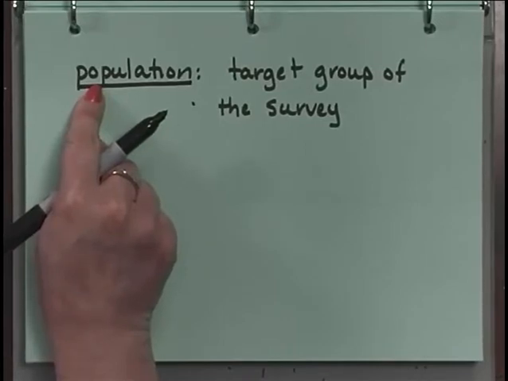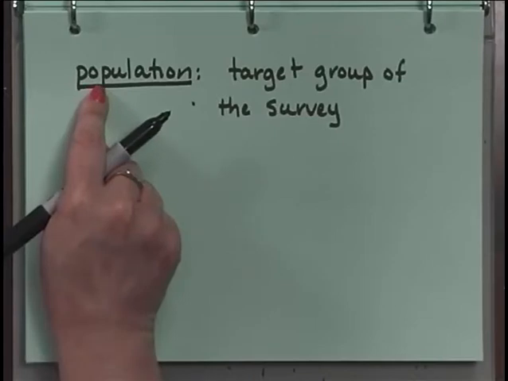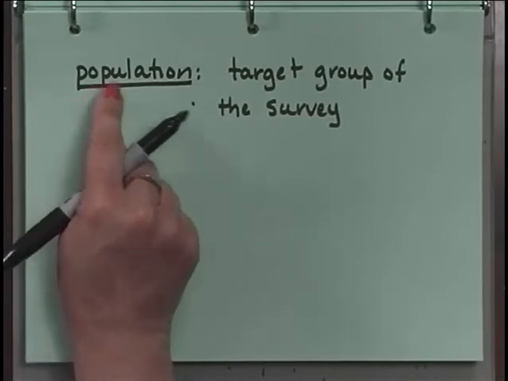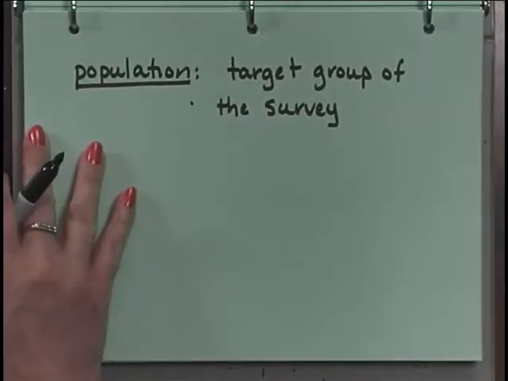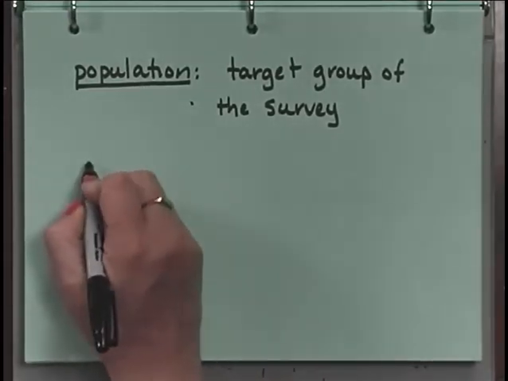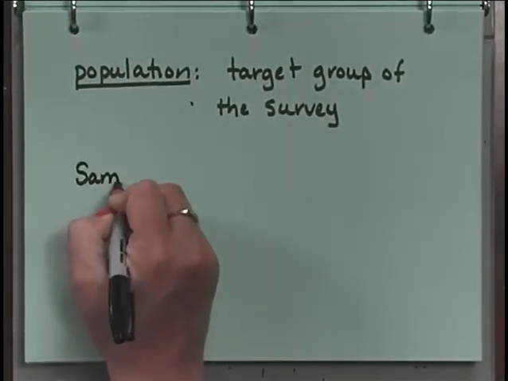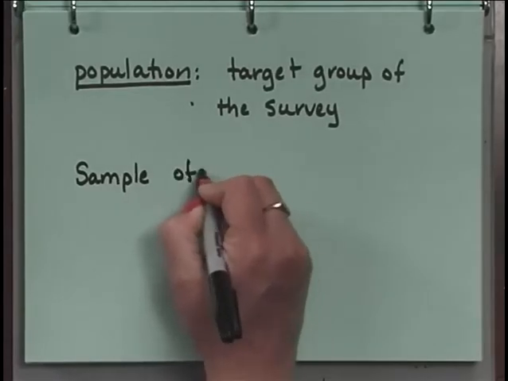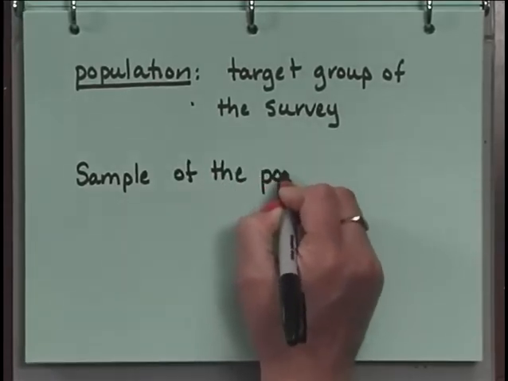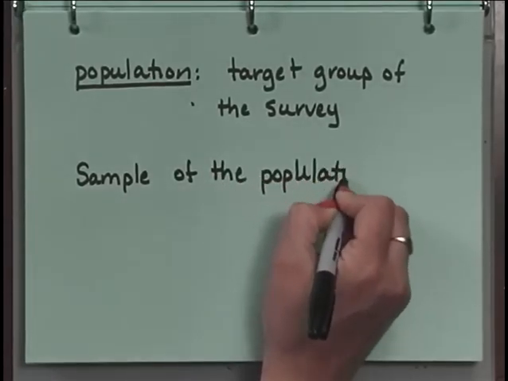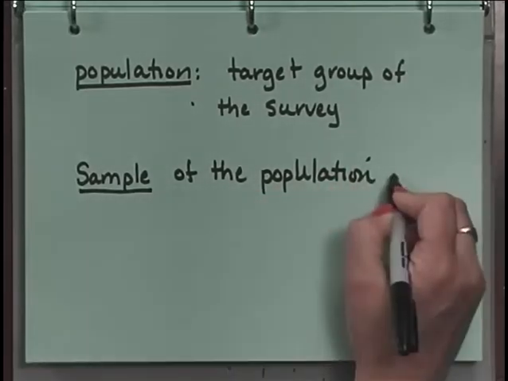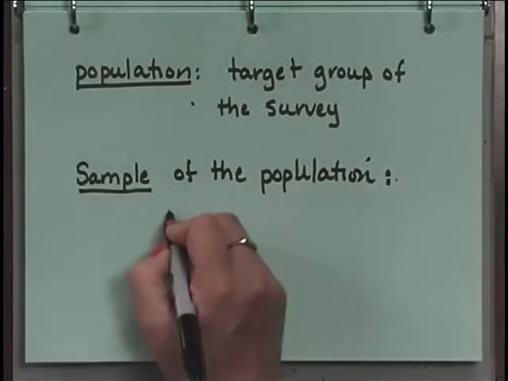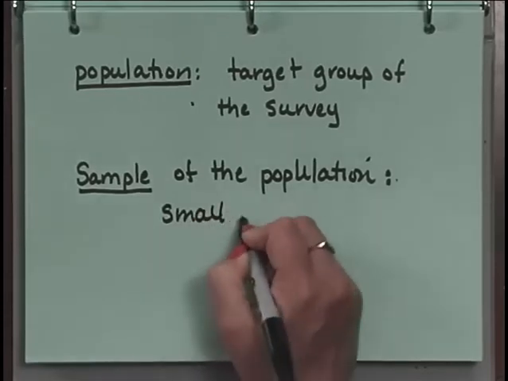However, sometimes the population is so large that you cannot possibly survey all of them. For instance, if you were wanting to survey teenagers in the United States, that would be a population that would be too large to survey. So what you would instead do is you would survey a sample of the population. And a sample of the population is a small part of the population.